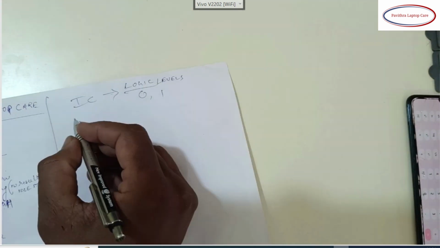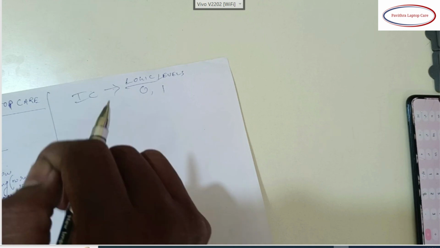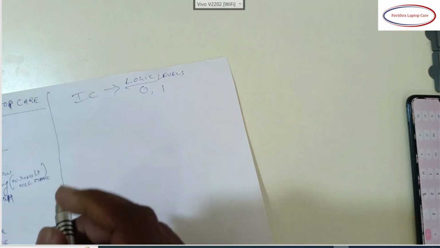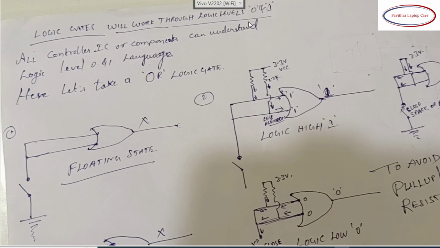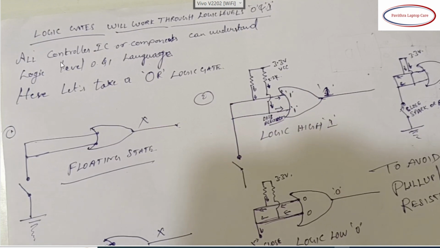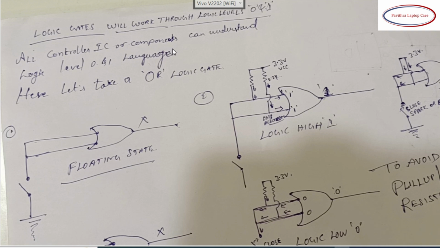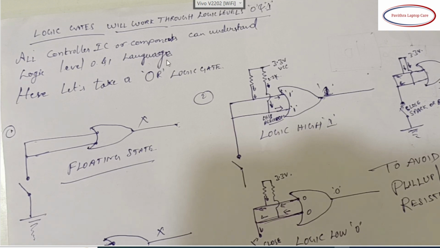Here I am going to explain why the pull-up resistor has been given in this particular circuit. See, logic gates work through logic levels, that is 0 and 1. All controller ICs or components can understand logic levels, that is 0 and 1 language.